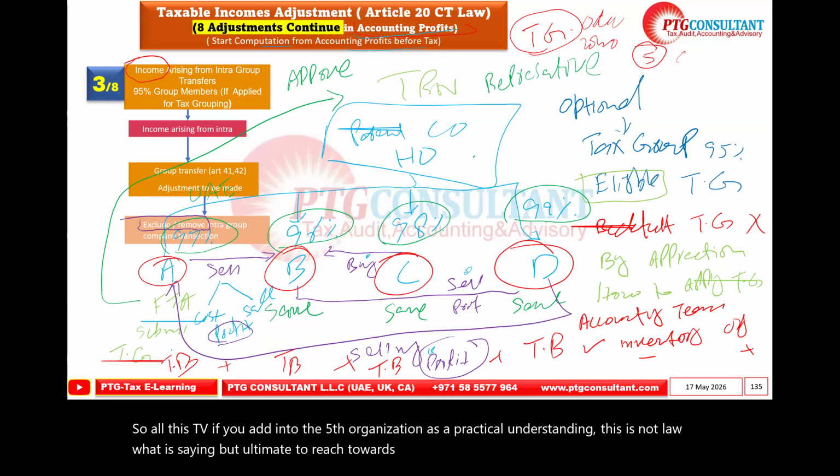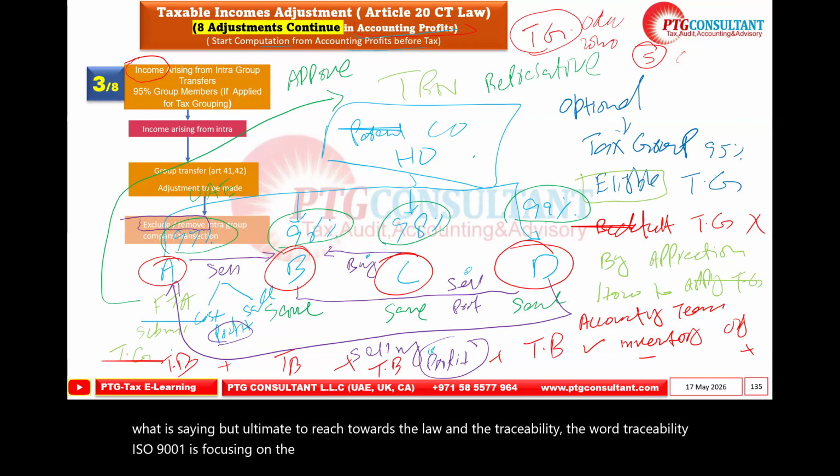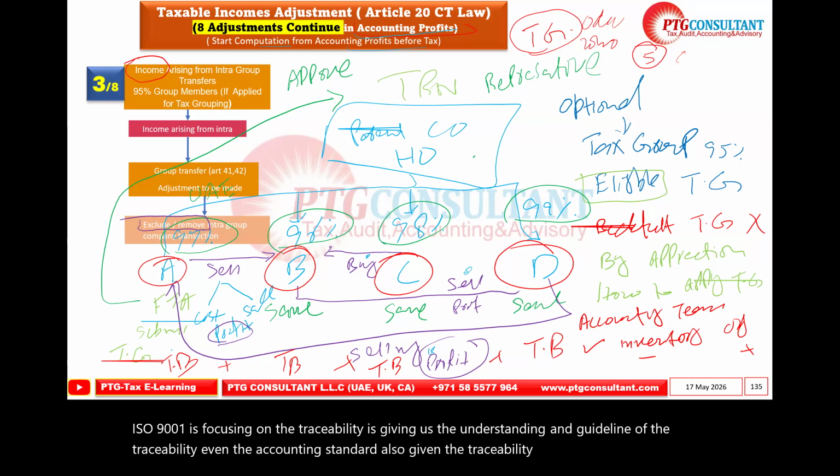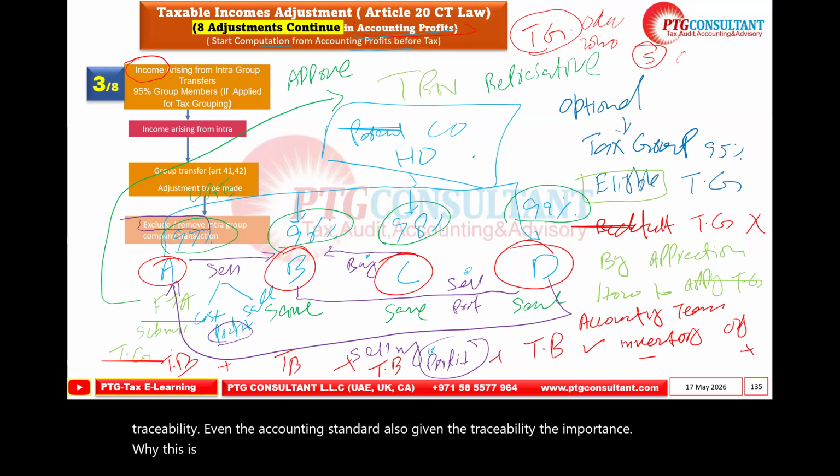The word traceability: ISO 9001 is focusing on traceability and gives us the understanding and guideline of it. Even the accounting standard has given importance to traceability. Why this is important, we will learn that.